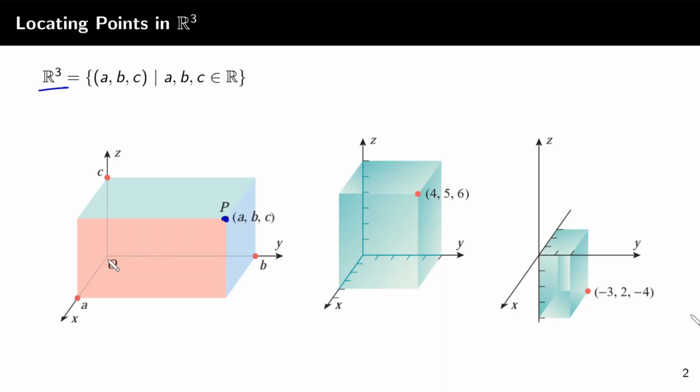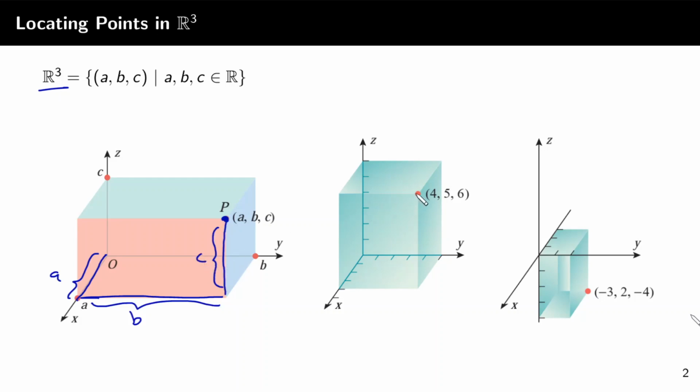So, ang gagawin natin, we're going to count A units along the x-axis. So, ito A units ito. And then B units along the direction of the y-axis. And then C units pataas. Yan. Which is along the direction of the z-axis.